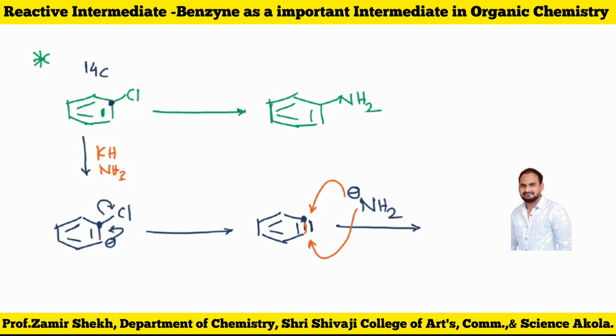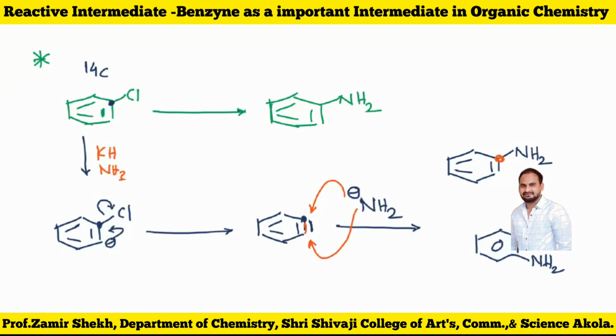So there is a 50-50% chance to react, and the products form in equal distribution. Example, this is my NH2 and this is also my NH2. Now the labeled carbon will be here and here. So you get an equal distribution of the products.